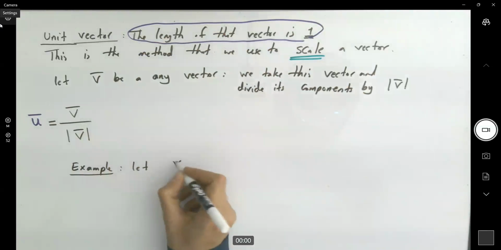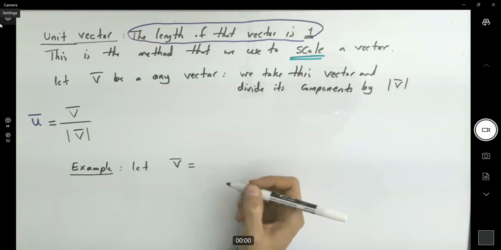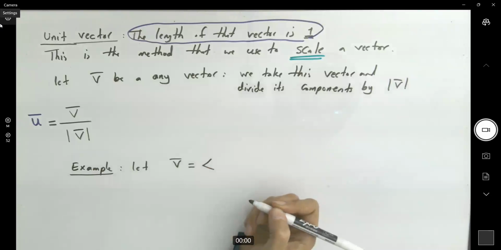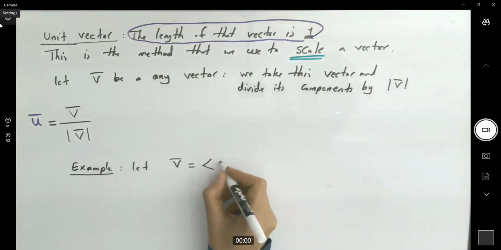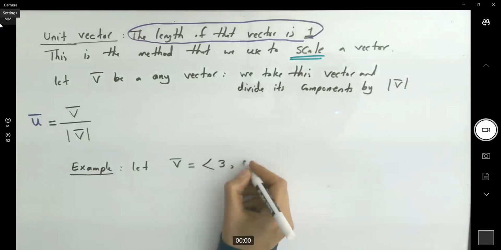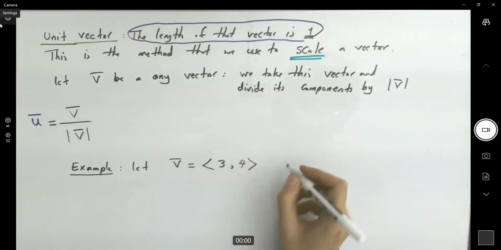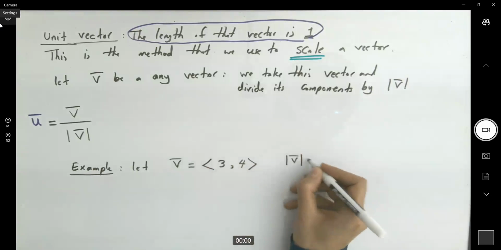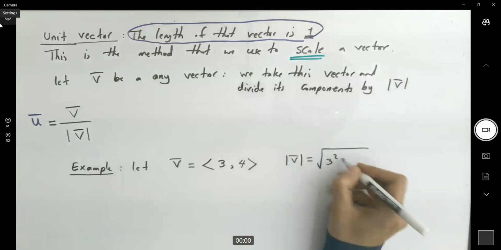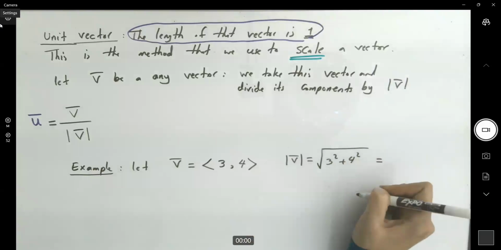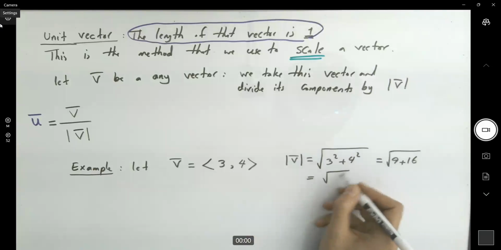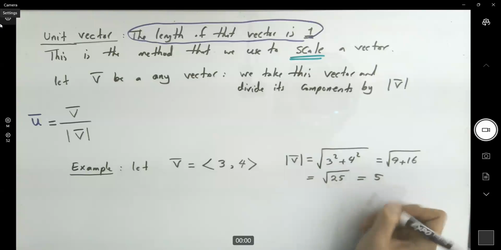Okay, let's give an example. Let vector V be equal to, let's see, the first component be, for example, 3, and the second component be 4. This is my vector V. What is the magnitude of this vector? The magnitude is the square root of 3 squared plus 4 squared, which is the square root of 9 plus 16, or the square root of 25, which is 5.